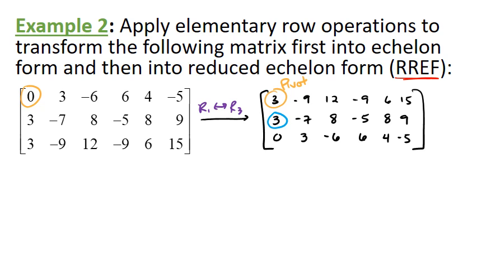And the way I'm going to do that is I'm going to take -1 times row 1 and add it to row 2. This will become my new row 2. So row 1 is going to be the same.